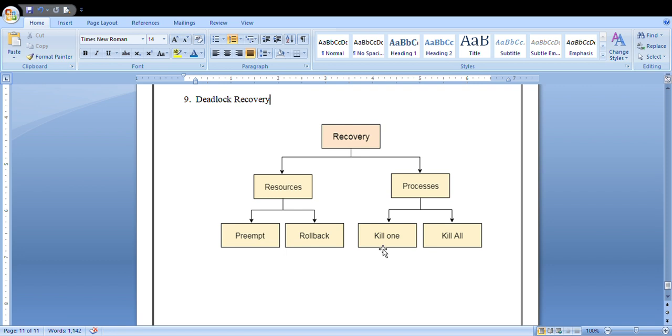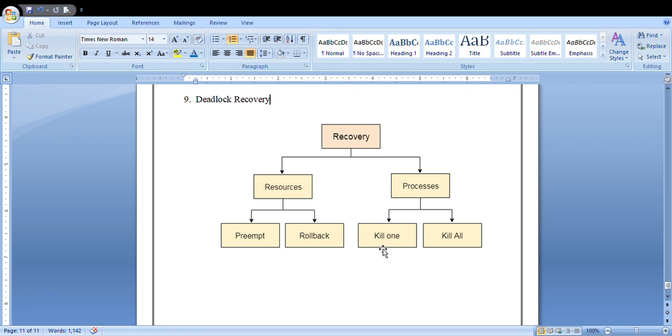And next is kill all. If a process is terminated abnormally and it is affected, or if the operating system fails to choose a proper process, you are going to terminate all the processes that entered the deadlock condition in the circular wait.